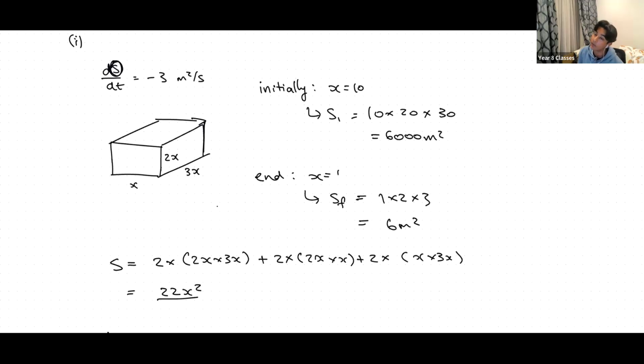I'm not so sure at this stage. It might not. Okay. But going from here, if we chain rule this, we can write this as dS/dx times dx/dt. Would you agree? Yep. Okay.